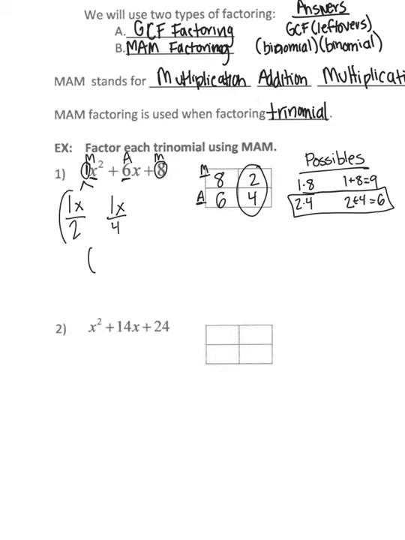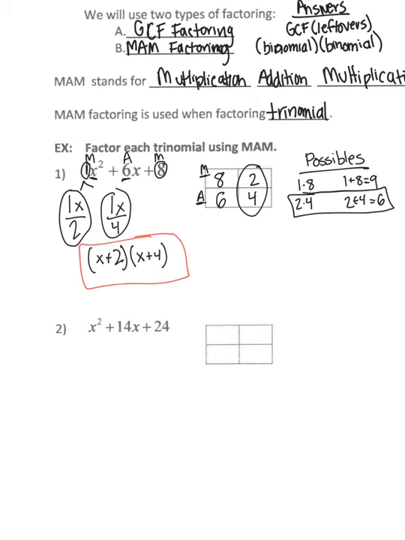So this fraction right here becomes 1x, which is just x, plus 2. And this fraction becomes x plus 4. And this is my final answer for that trinomial. So it seems complicated at first, but really you just take it step by step and it'll get a lot easier the second time around.